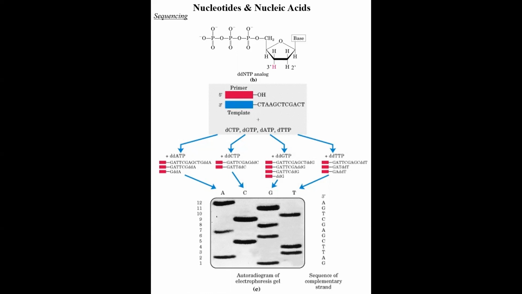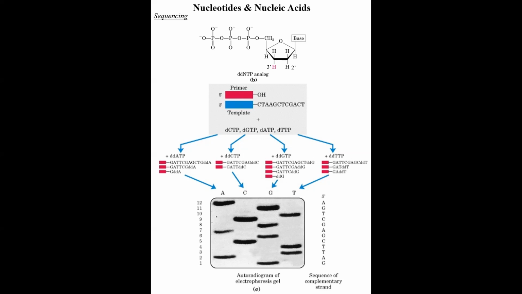And when this ddNucleotide is incorporated into the chain, then the reaction gets terminated. And the point where the reaction gets terminated can be counted by the machine because it is fluorescently labeled. So that is why this method is known as the chain termination method.